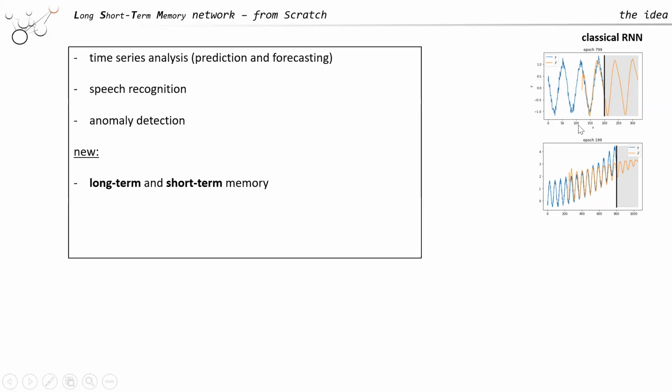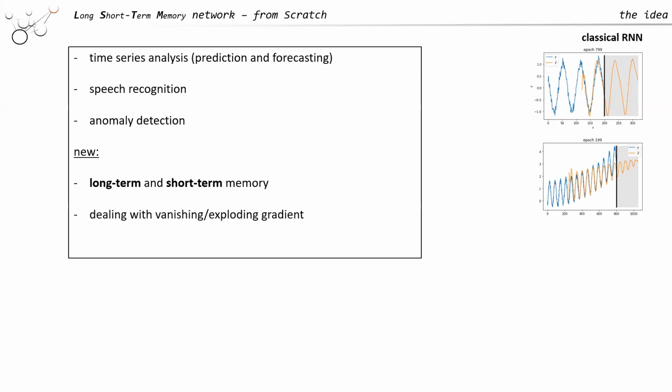But the point is, what we're going to build now will deal with these long-term and short-term changes quite a lot better. And that's the idea of an LSTM, and that's why it's called a long short-term memory network. So we have a long-term and short-term memory, and it will be able to distinguish between short and long-term events, and also will be able to learn them, of course.